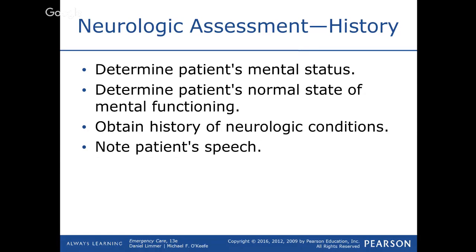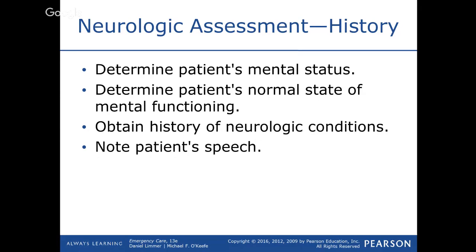So note patient speech. Whenever you're doing a neurological assessment, let's say they have slurred speech. It could be a stroke. They could have got into something, some sort of chemical they're spraying or something like that. Or they could have just got into some bad drugs. Or some medications they take also.